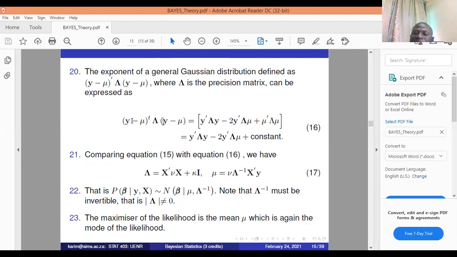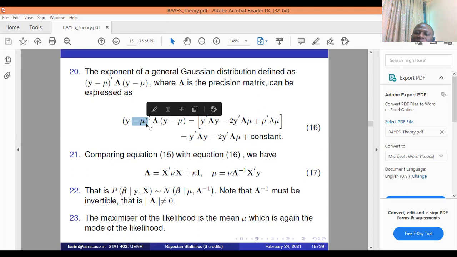Then we take y transpose multiplied by the precision matrix multiplied by the mean. And then we also take the mean transpose multiplied by the precision multiplied by y. So if we do that, we are going to get minus 2y transpose the precision matrix times the mean. And then we take the mean transpose times the mean.